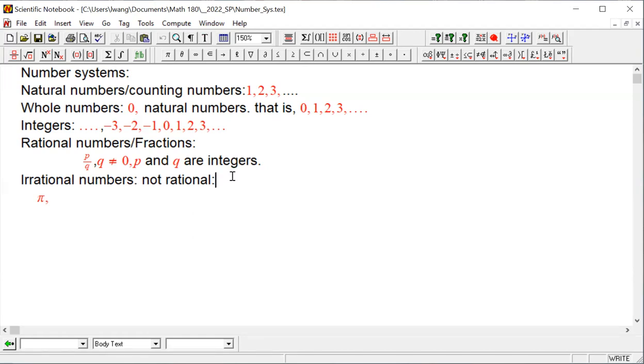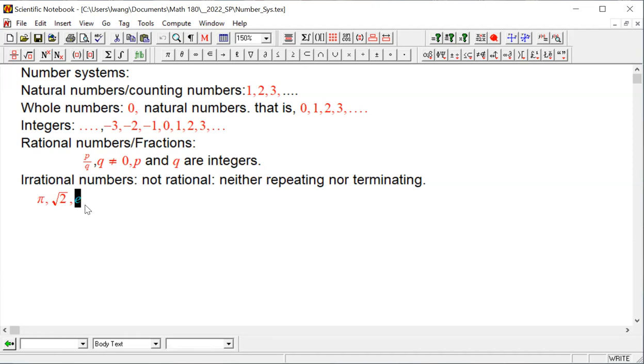Neither repeating nor terminating. Do we have other irrational numbers? Of course, radical 2, and E. We're going to study E quite a lot.